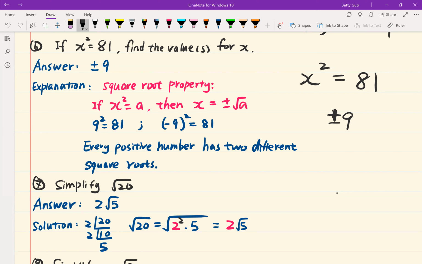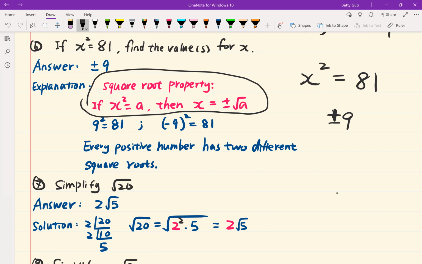We can actually apply the square root property for solving this problem. The square root property tells us if x squared equals a, then x equals plus or minus the square root of a. This is consistent with what we learned before: any positive number has two square roots, the principal square root and the negative square root.